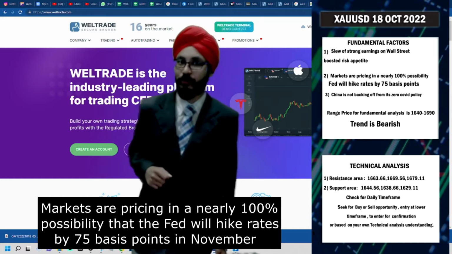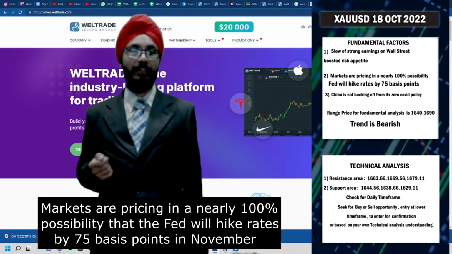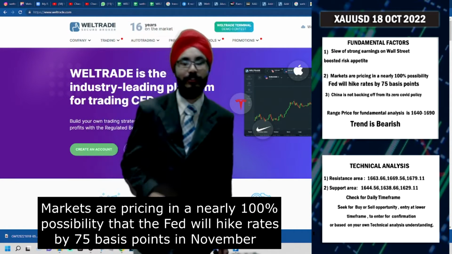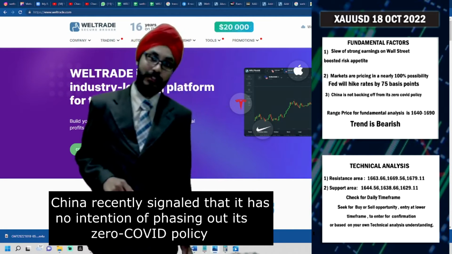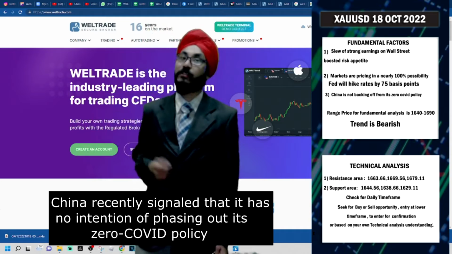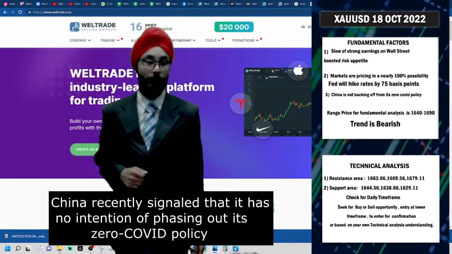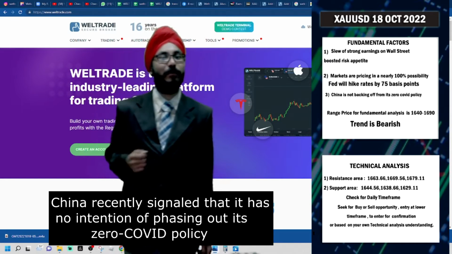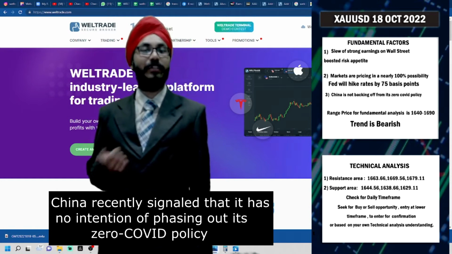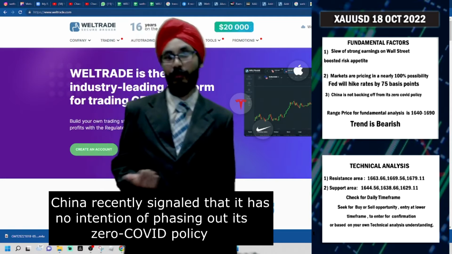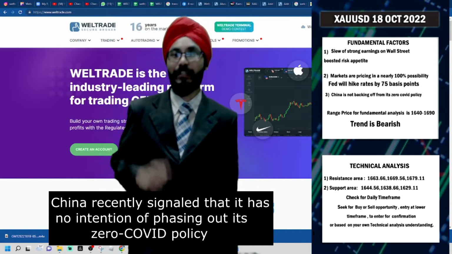Many investors and traders are supporting the greenback due to this fact. Thirdly, China is facing the zero COVID policy and is still implementing it, and there is no indication that they would move away from the policy that they made.